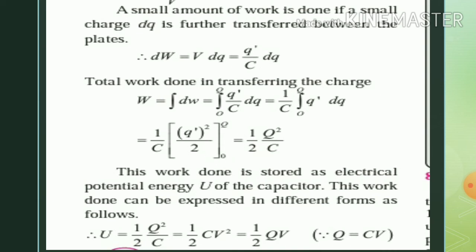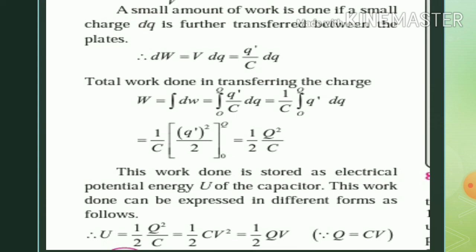For this purpose, we use the relation between charge, capacity and potential, that is Q equals C into V. Substitute this value in the above equation, U equals 1/2 Q square upon C. Then we can write U equals 1/2 C square V square upon C. Then after simplification, this equation becomes U equals 1/2 CV square.